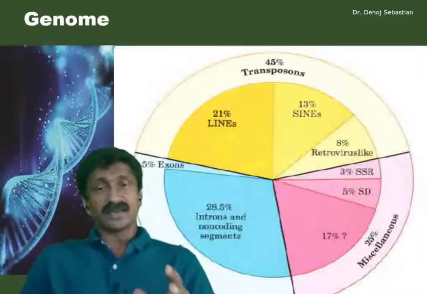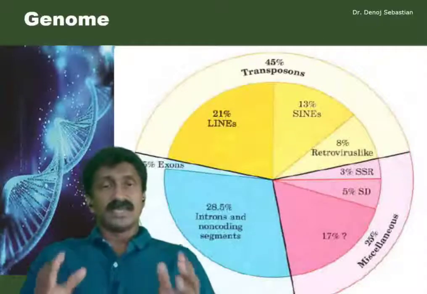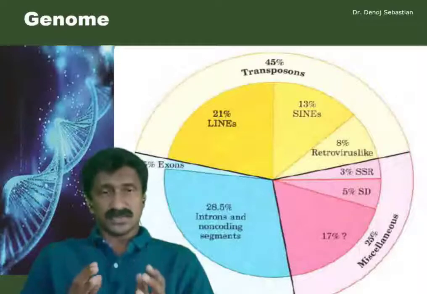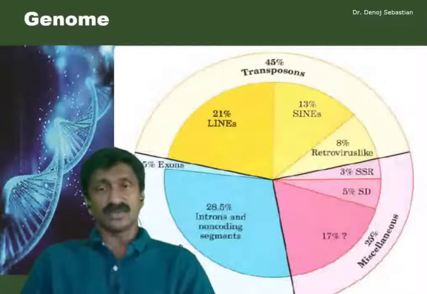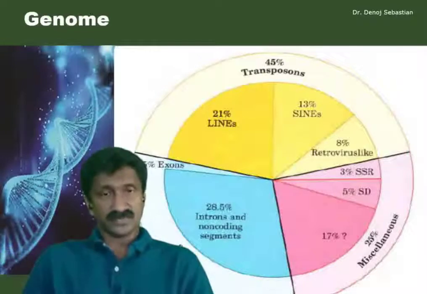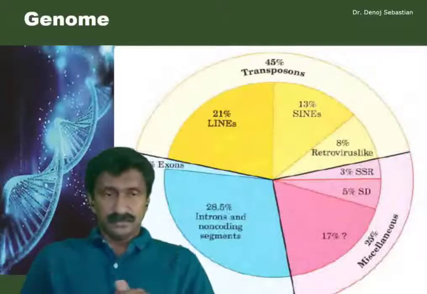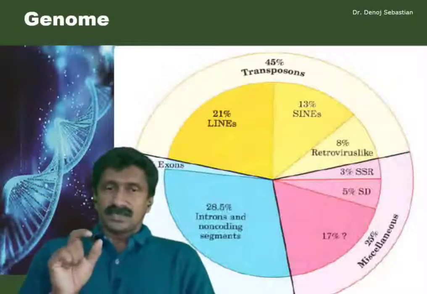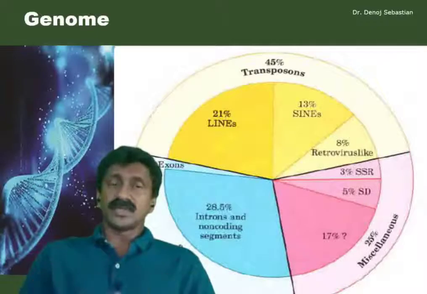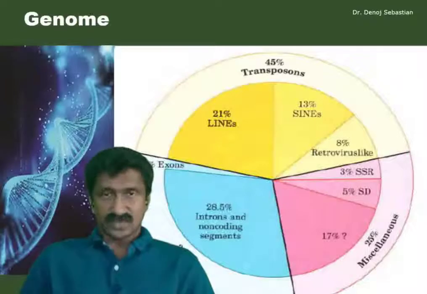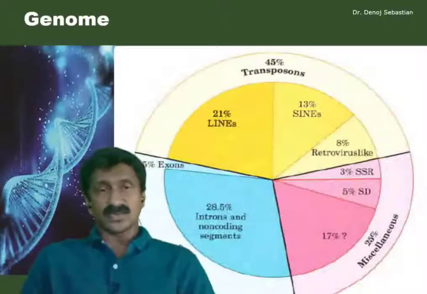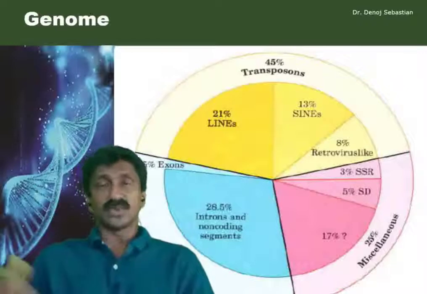And they are a class of retrotransposons, the DNA elements that amplify themselves throughout the eukaryotic genomes, often through RNA intermediates.